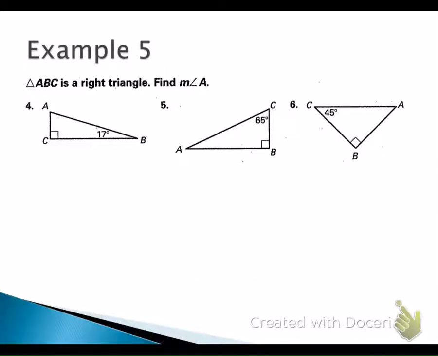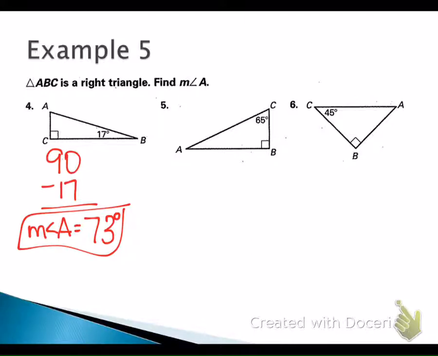Alright, these are more of the same. They're all right triangles. We're given one angle. We're asked to find the other. So in order to do it, we take 90 minus the angle they give us. In this case, the measure of angle A is equal to 73 degrees.